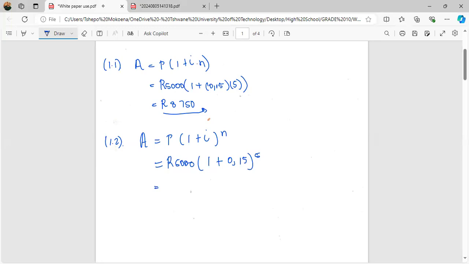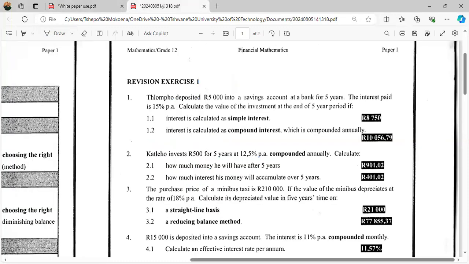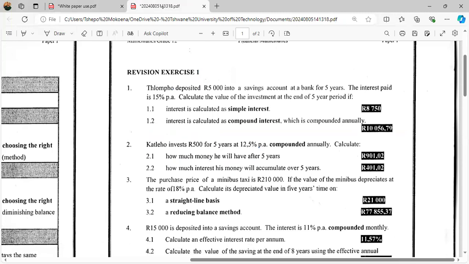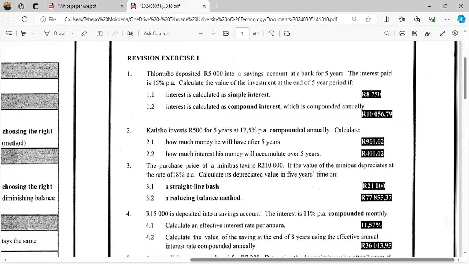And therefore, to 2 decimal places, I get 10,056.79, which is this answer over here. Interest is calculated as compound interest, which is compounded annually.